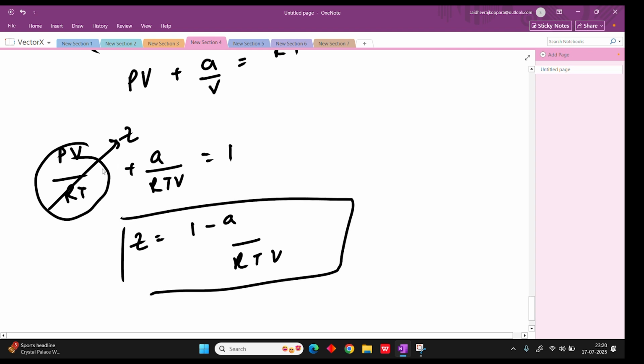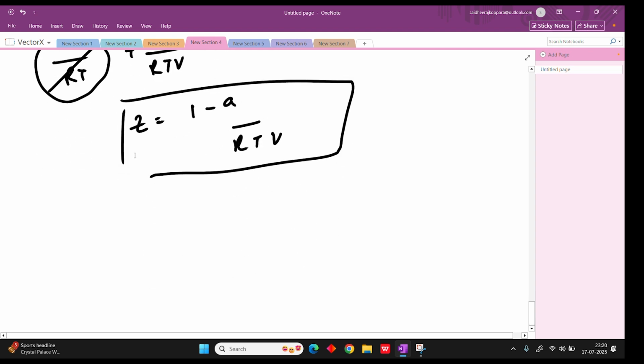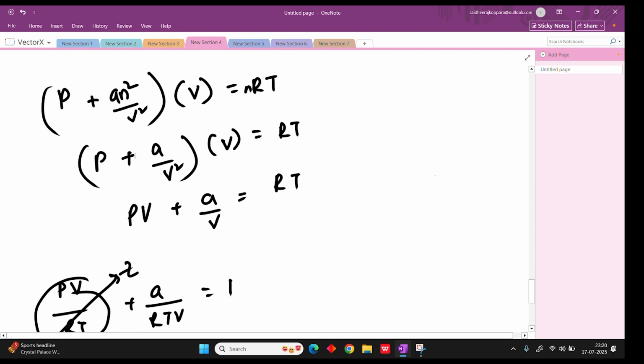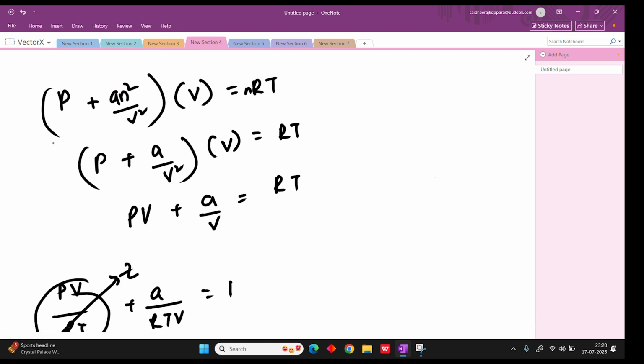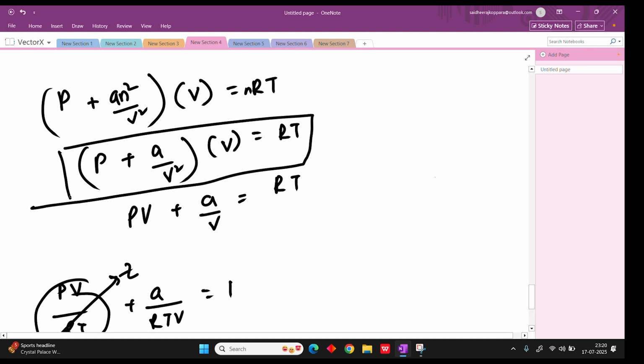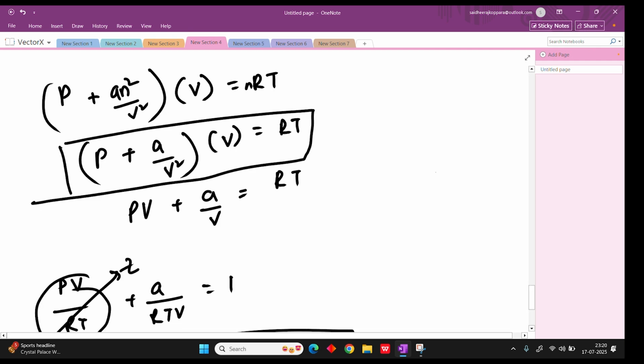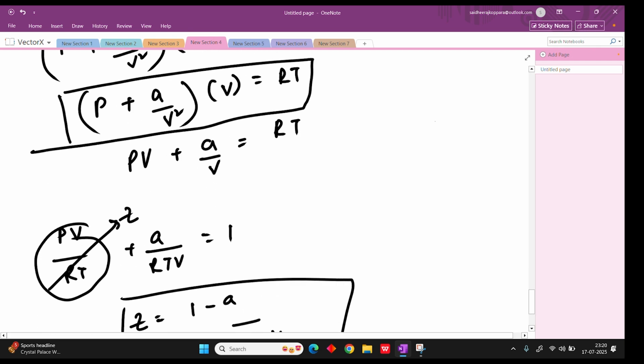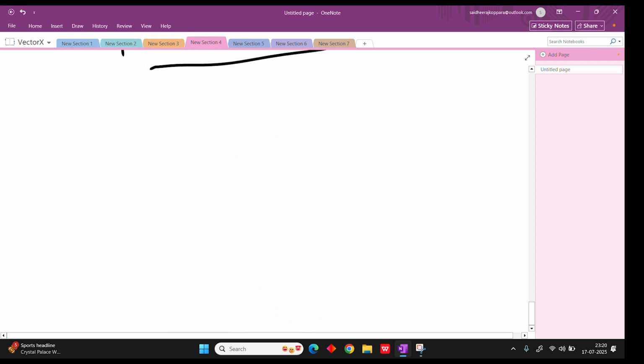This is the equation when your attractive force is dominant. And your van der Waals equation similarly becomes this. When attractive force is dominant, this is your van der Waals equation: (P plus a by V square) into V equals RT.